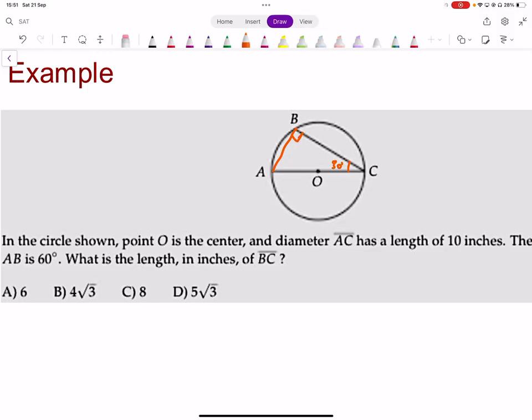This is 90. This complete length is 10. And again, you have a 30, 60, 90 triangle. You can use trigonometry if you want, or if you remember those ratios. If this is 10, this is half of that, which is 5, and this is 5 under root 3, and D is your answer. Is that okay?